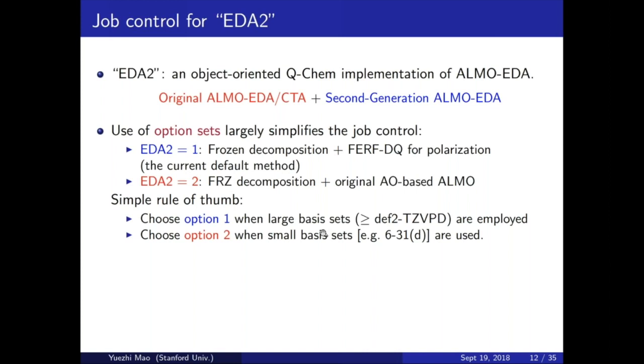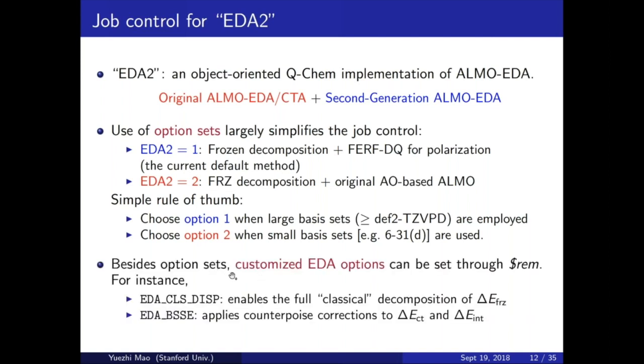And if you are running a very large system with a small basis set, such as 6-31G*, then the second option should be used, because in this case, the FIRF result should be very close to the ALMO result when the basis is small, and you don't want to waste the computational time to get those FIRFs.